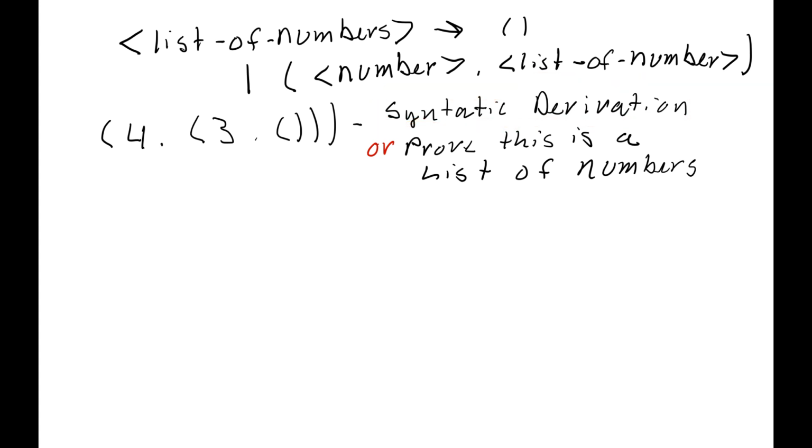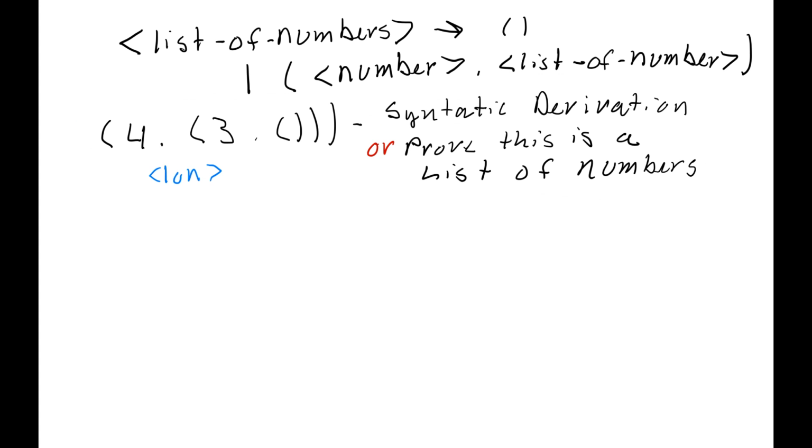Now let's do a syntactic derivation. A syntactic derivation is a proof that something is or belongs in a set. So take this for instance. Let's prove that that is in fact a list of numbers. So what we do is we start out with our non-terminal, and I am just going to write LON for short for a list of numbers.